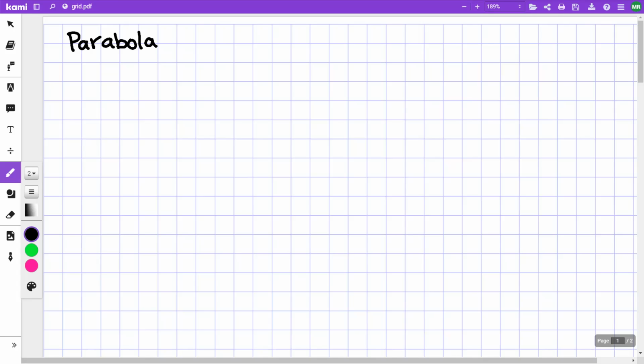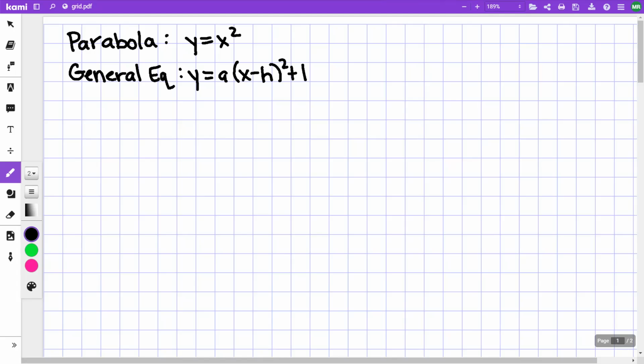And so our basic equation is going to be y equal x squared. I'm going to put it right next to it. That's our parent, y equal x squared. Our general equation is y equal a times the quantity x minus h squared plus k.